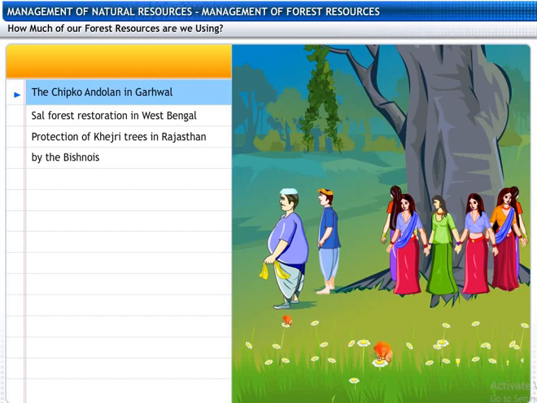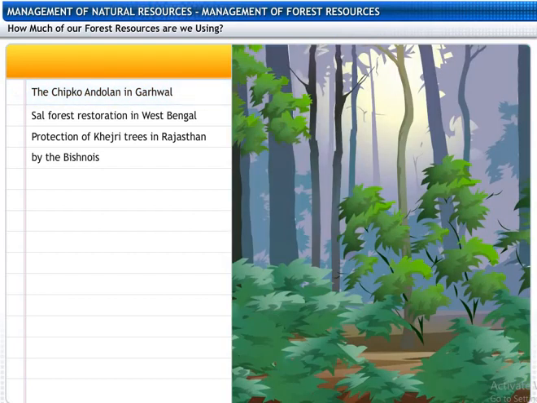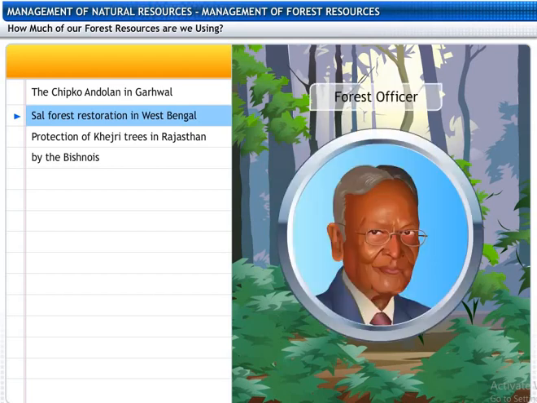A.K. Banerjee, a forest officer, along with the local villagers, was involved in saving over 1,200 acres of badly degraded Saul forests. The villagers helped and got incentives from the government in return. As a result of these efforts, the once worthless forests were later valued at Rs 12.5 crores.